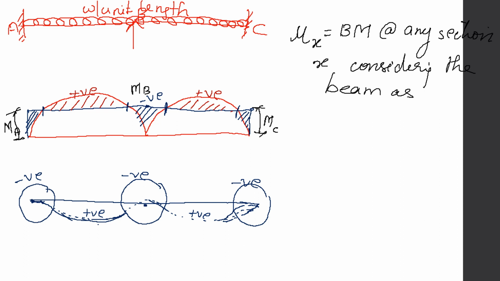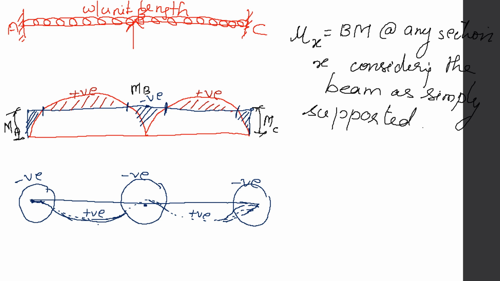Considering the beam as simply supported, we know our bending moment diagram is represented by this red color. So that is your μ diagram. So μx is the bending moment at any section x.